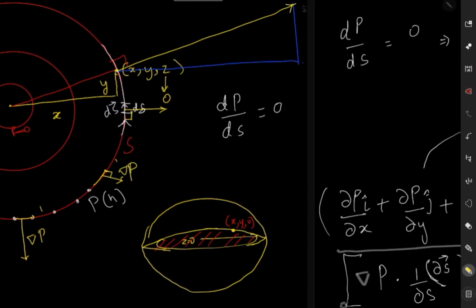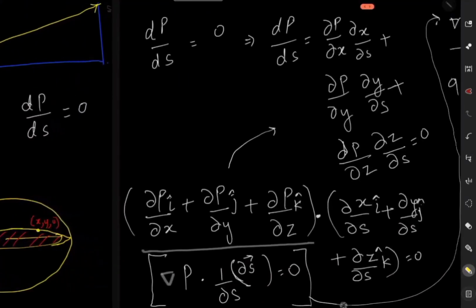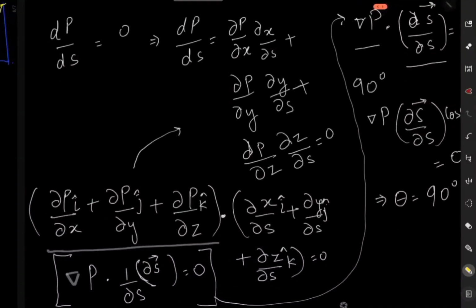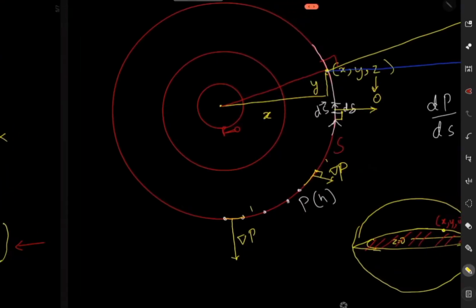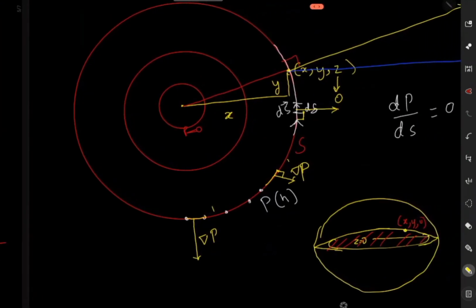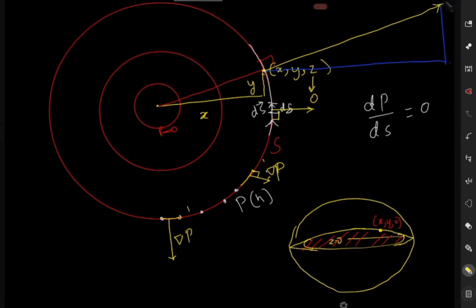So now we have understood what gradient is, and we have also proved why the direction of gradient is always perpendicular to our motion. If you don't understand anything, you can write to me in the comments.